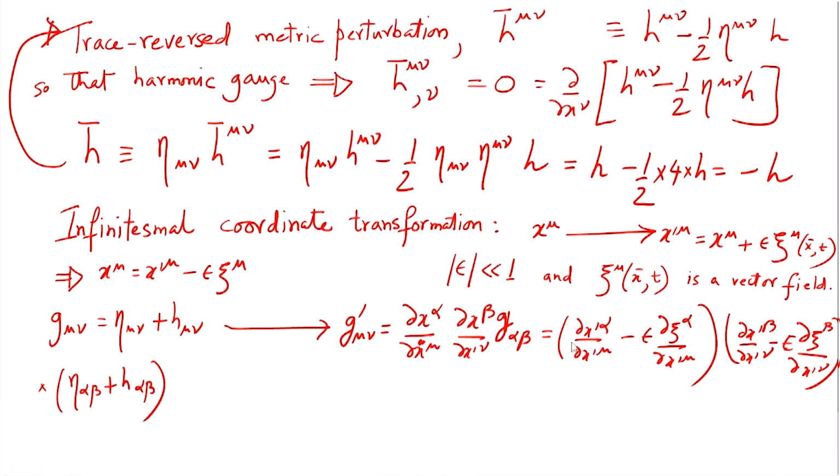Because each of these coordinates is functionally independent of the others, we know that ∂x'^α/∂x'^β must be the Kronecker delta δ^α_β, because only when α and β are identical will ∂x'^α/∂x'^α be 1.